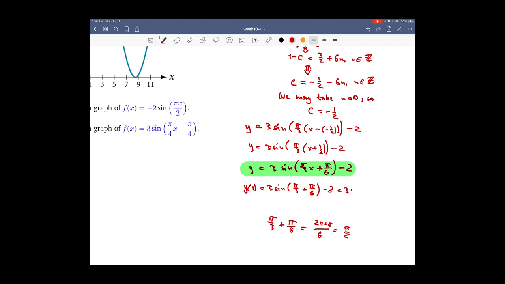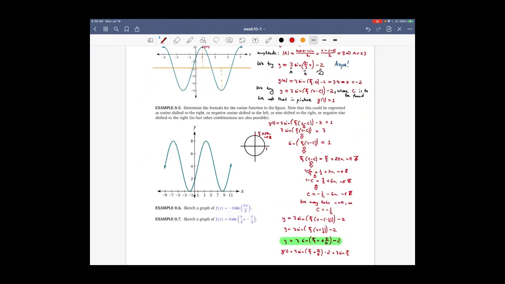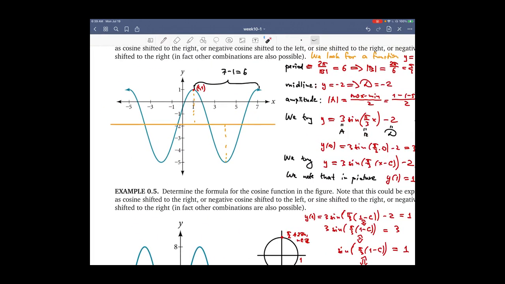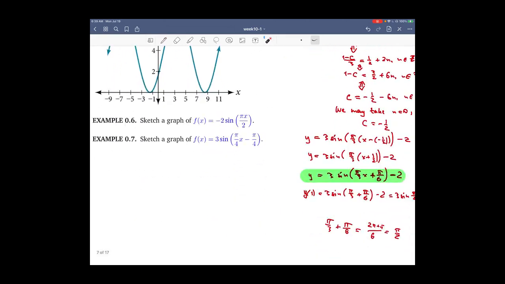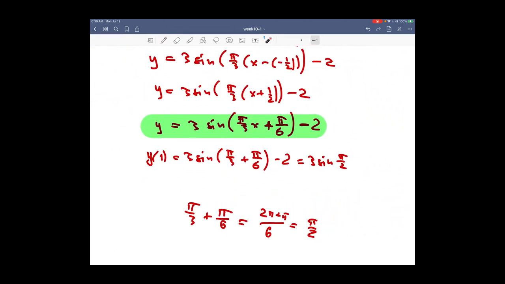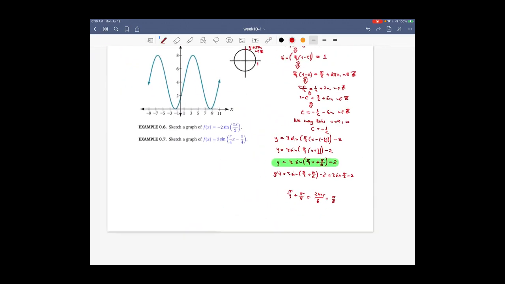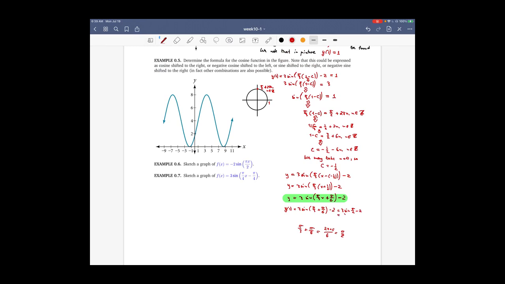Which is a good sign because sine of pi over 2 is 1. Pi over 2 is where we have a peak, and this point is indeed where we have a peak. That's minus 2, and that will be 3 minus 2, which is 1.